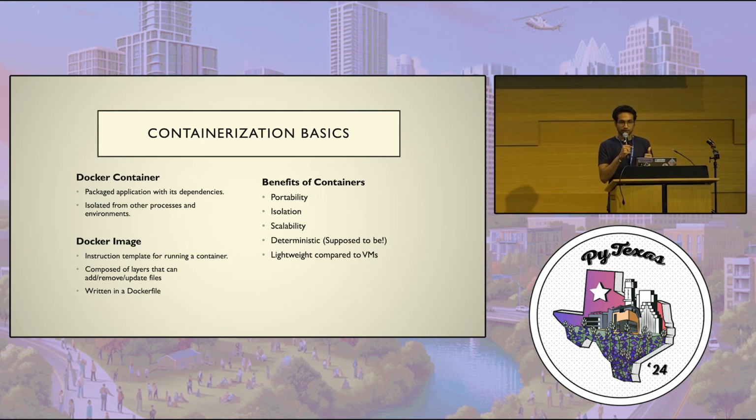It's also deterministic, so it's reproducible. Well, at least it's supposed to be. We'll see in a second that sometimes there are some gotchas there. And it's very lightweight compared to a traditional virtual machine, because it's just a simple Linux process running in isolation, whereas a traditional virtual machine has a full-fledged OS running.